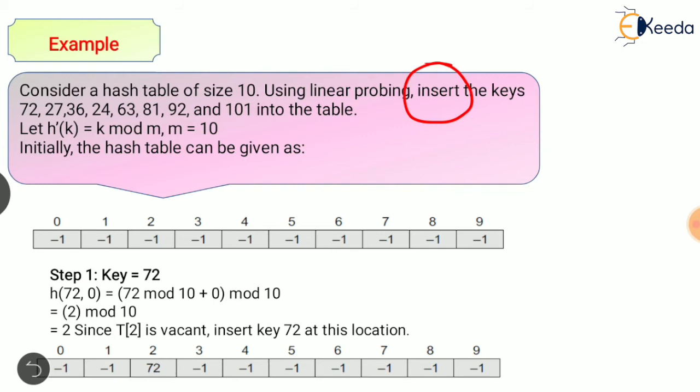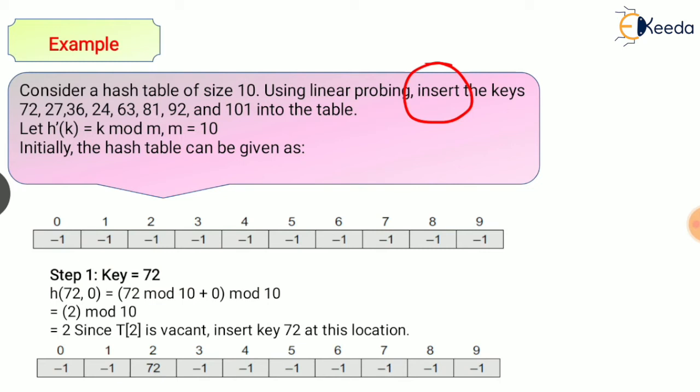Let h'(k) equal k mod m, and m is equal to 10. So initially the hash table is given in this format with sentinel values, that is -1, till we are not inserting the key value.